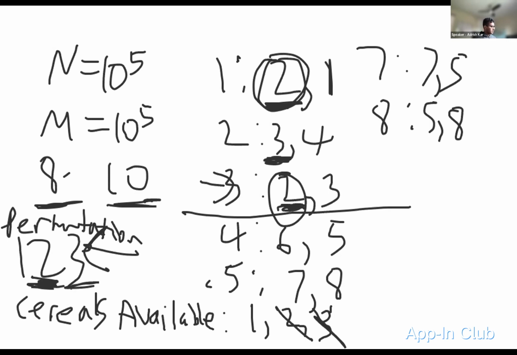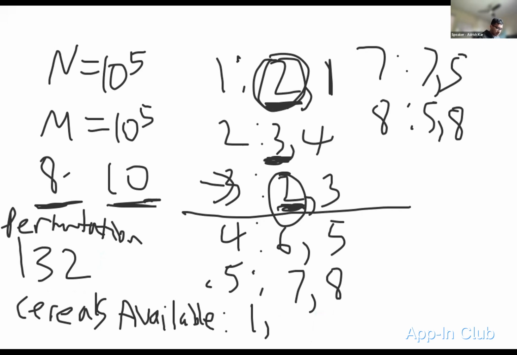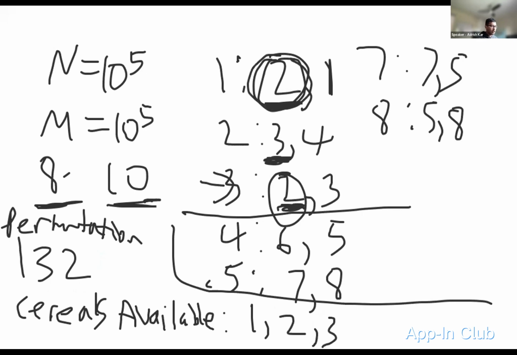Whereas for this permutation, let's switch it up: 1, 3, 2. I'll restore the list of available cereals. Cow 1 arrives, they pick the second cereal.